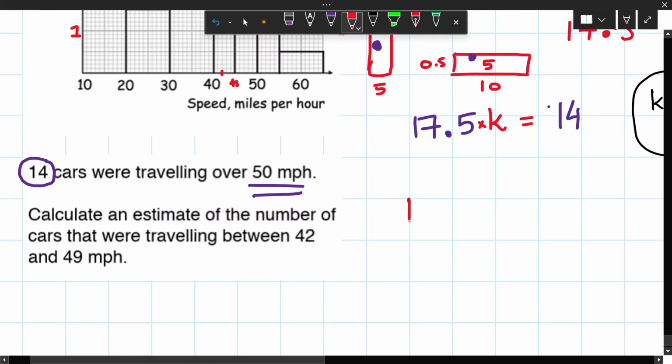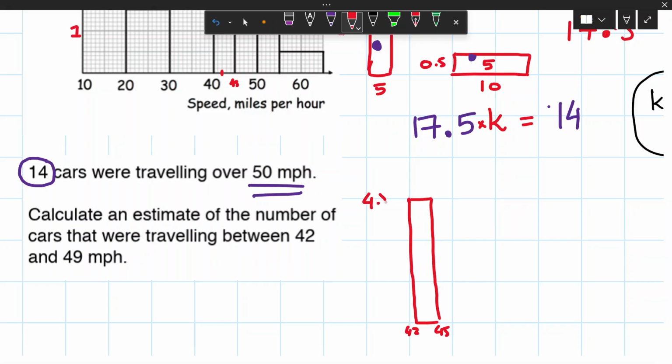So I've got a rectangle here which starts at 42, ends at 45, and the height of that rectangle is 4.5, which means the base is 3, and I can do 3 times 4.5, and that would be 13.5. So I've got the area of my first rectangle.